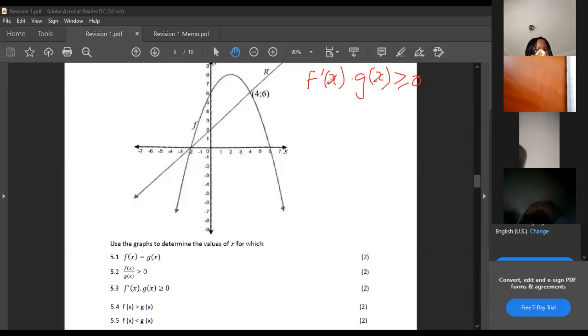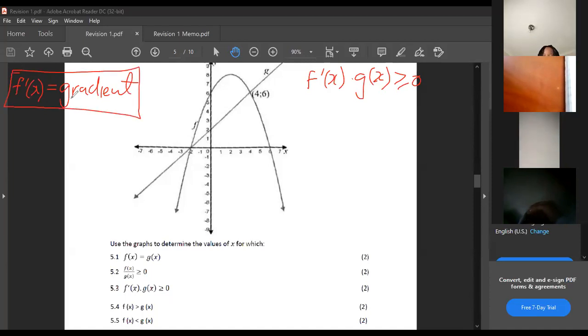So when you're saying F prime, you're saying the gradient. The golden rule of calculus is F prime is equal to the gradient. When you think of F prime, I know it's the first derivative, but it's the gradient. So when you're saying F prime, remember this sign is saying greater than or equal to 0, that means it's positive.